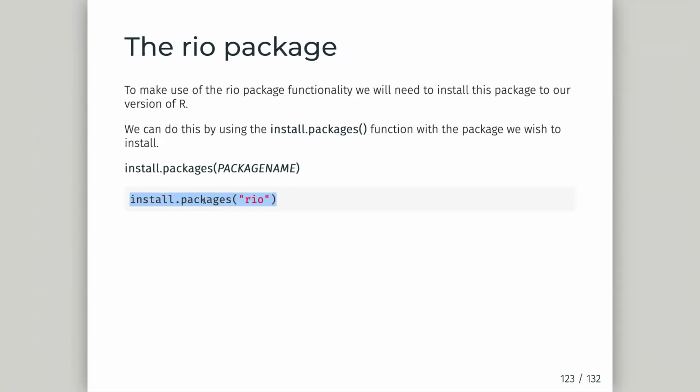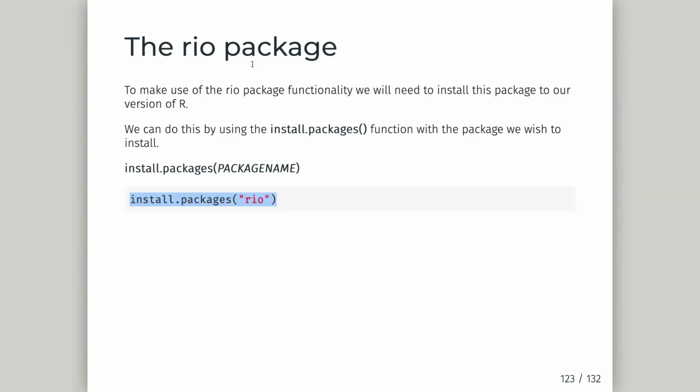But if we want to install packages directly from CRAN, we can just do install.packages. This is like a normal function. Give it the name of the package, rio. It will then do all the hard work for us. It's going to go grab that package and all its dependencies and install them on our computer.